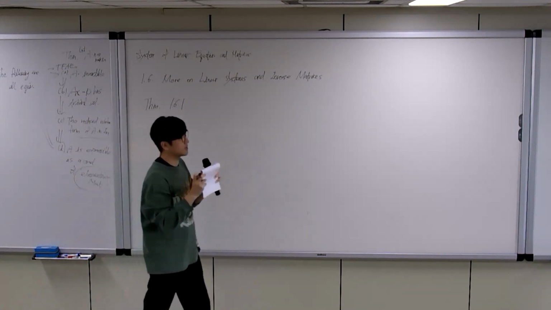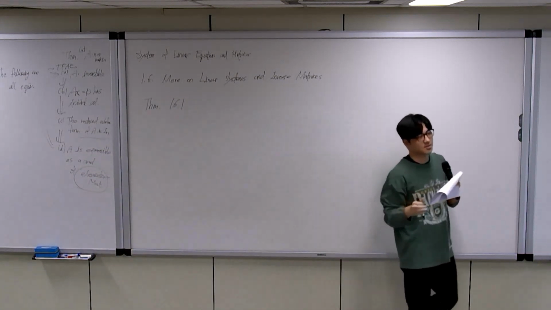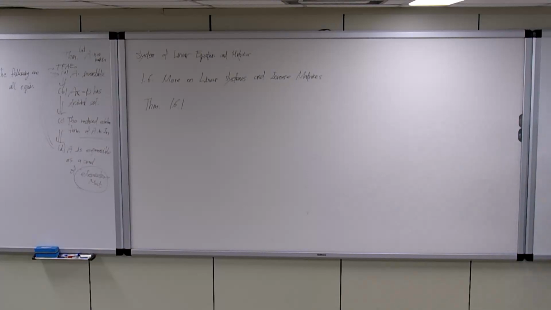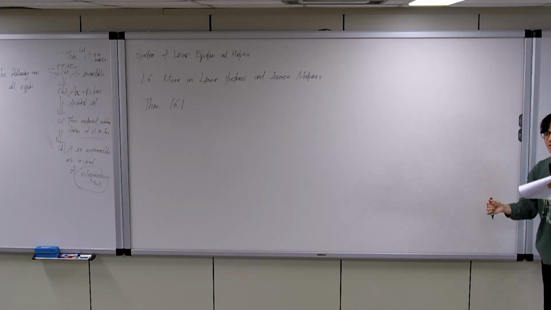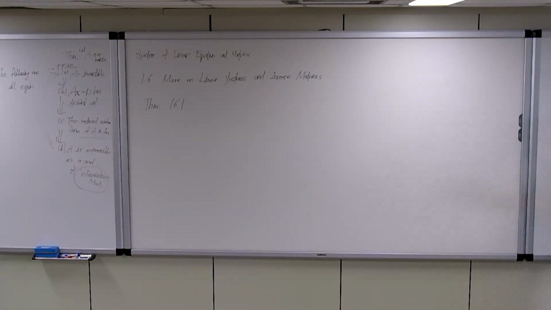First, in section 1.1, we learned that for a linear system there are three cases of the solution set. One is that there is no solution, another is that there is only one solution, and finally, there are infinitely many solutions.